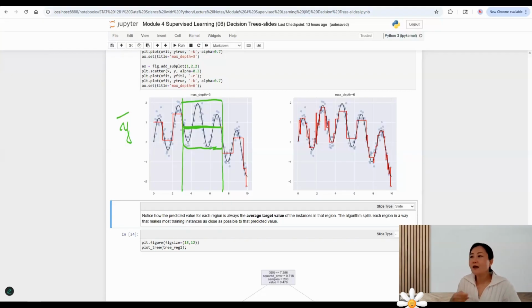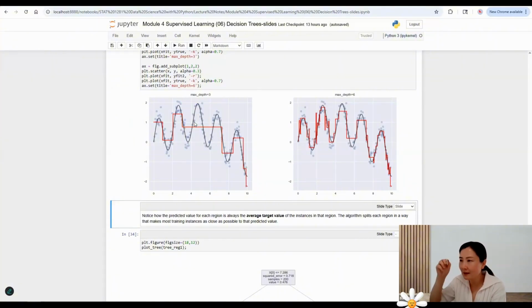So this is how the regression tree works. It splits the observations into regions, and then how to do prediction for an observation in this region. Just take the average value of all of the observations, right? The y values in that leaf. So that's why you see so many horizontal lines, right?